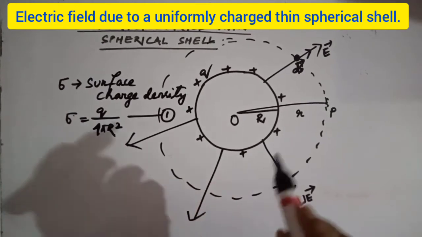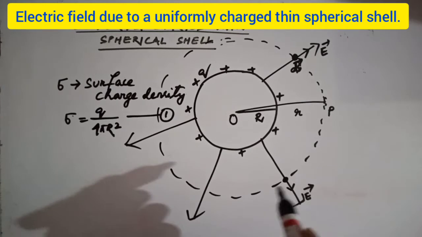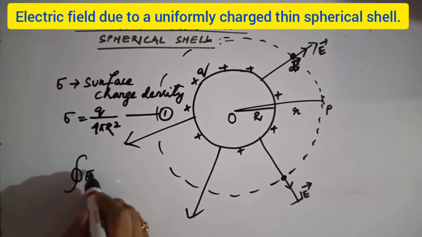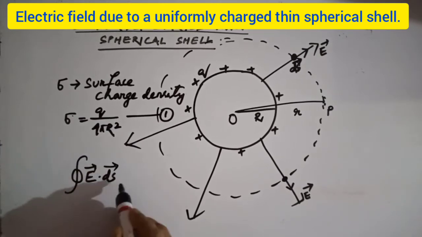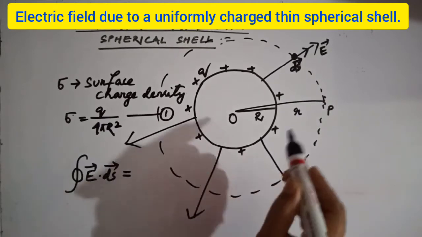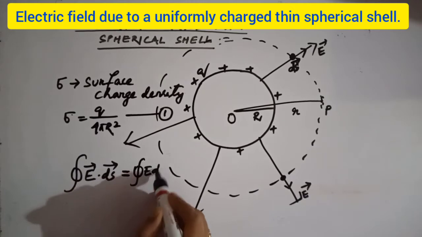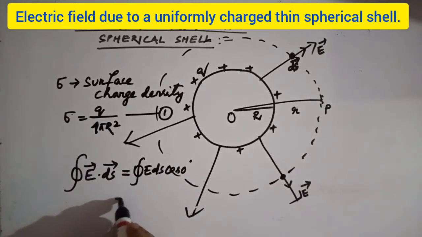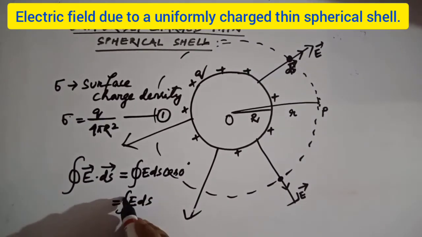So to find the net flux passing through this surface, we have to find the integration of E dot ds over this spherical Gaussian surface. E and ds are in the same direction, so it is E ds cos 0 degree, which is the integration of E ds, as cos 0 is 1.